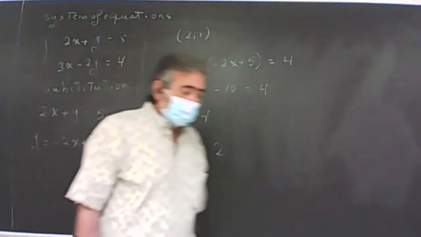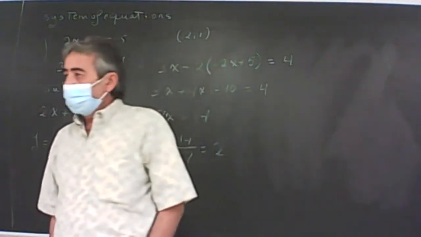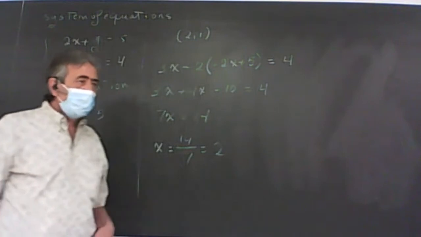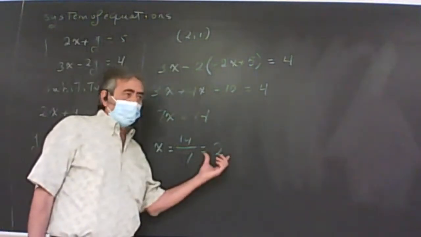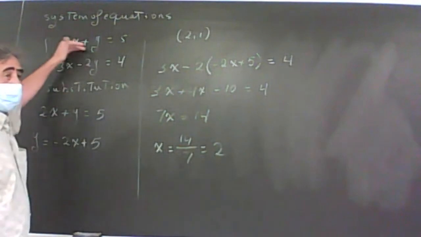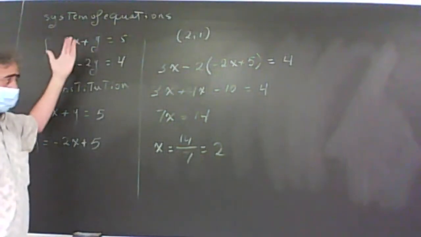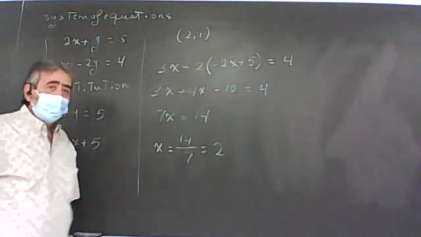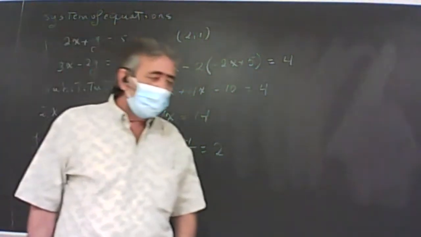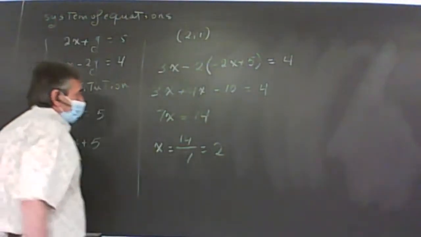So now, my next step is I need to solve for y. To solve for y, we already know x equal 2. I can substitute it in either of those two equations to solve for y. Again, you can choose the equation that is easy for you to use. So I'm going to use equation number 1.